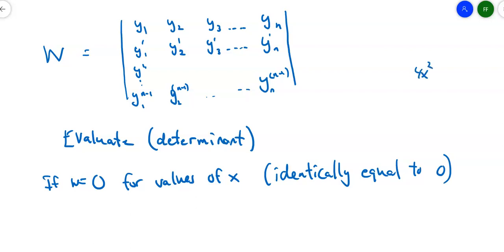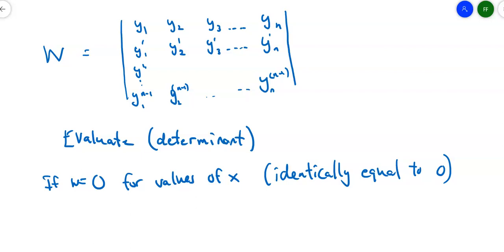Then what do you do? If x is 0, then yeah, the Wronskian is 0. But if x is anything other than 0, then no, the Wronskian is not 0. So we need it to be identically equal to 0. So we need it to be 0 for all values of x, which basically means we need it to be 0. So if the Wronskian is 0 for all values of x, then it's identically equal to 0.